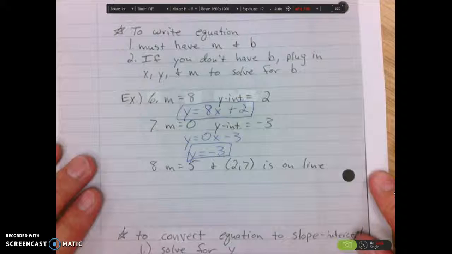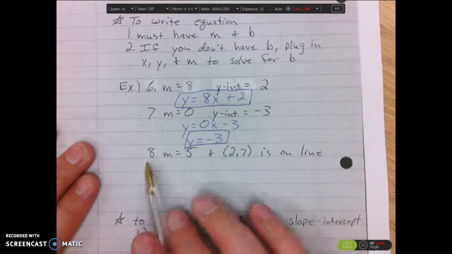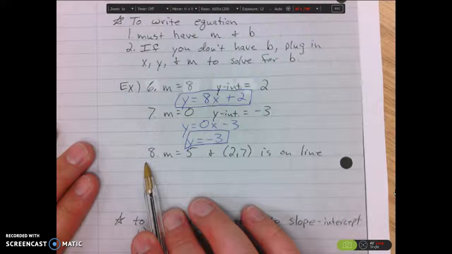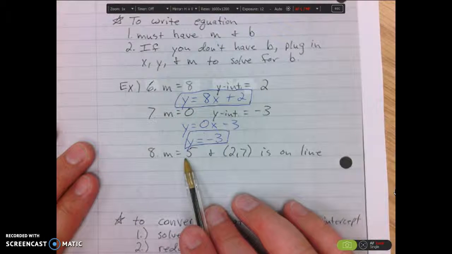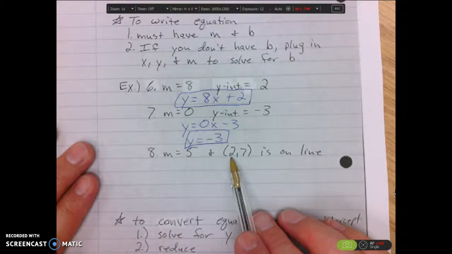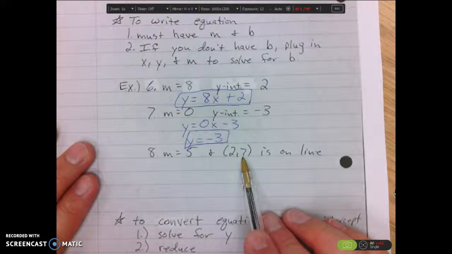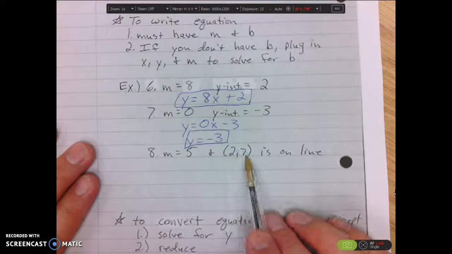Now the next one's a little trickier because, on number 8, it does not have the y-intercept. It gives us the slope as 5 and a point on the line, 2, 7.